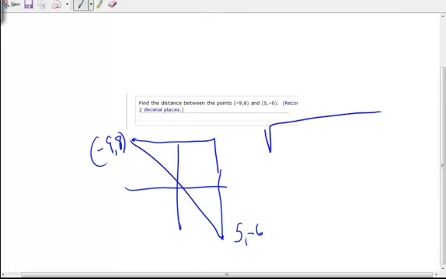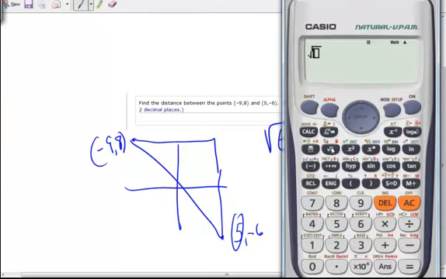And so you would take the square root of the x coordinates, which is -9 minus 5 squared, and then plus 8 minus -6 squared. So that's just the way you'd press it on your calculator.